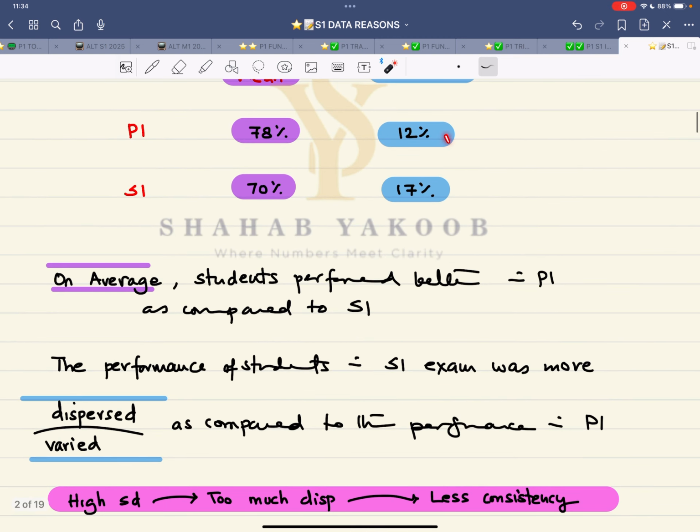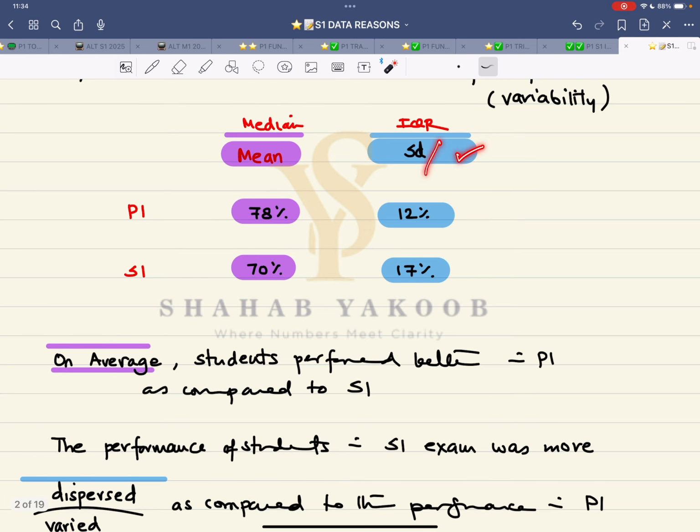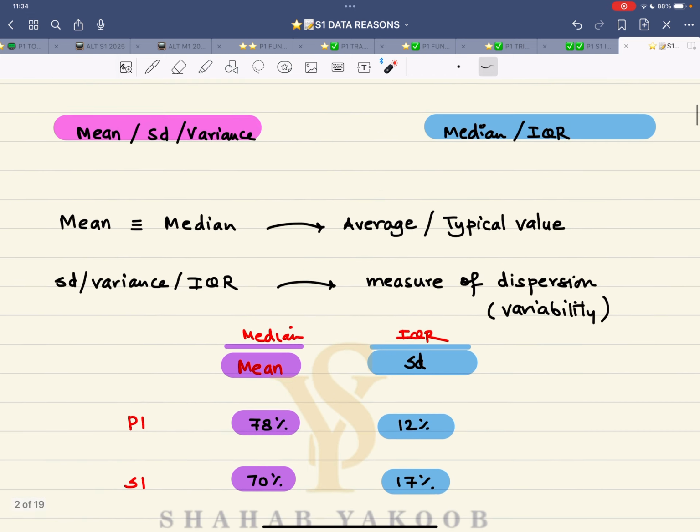Similarly, when I'll be comparing the standard deviation or the interquartile range, that is a measure of dispersion. In S1, it's more, in P1, it's less. The performance of students in S1 exam was more varied, more dispersed as compared to the performance in P1. The word dispersed or varied automatically refers to either standard deviation or variance, which is the square of standard deviation, or interquartile range.